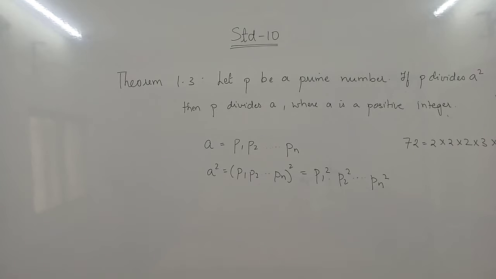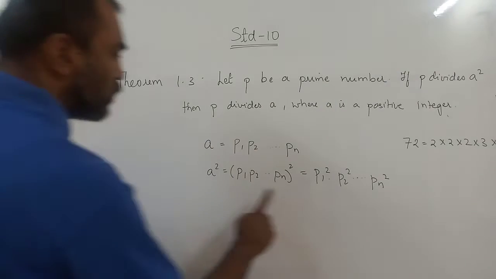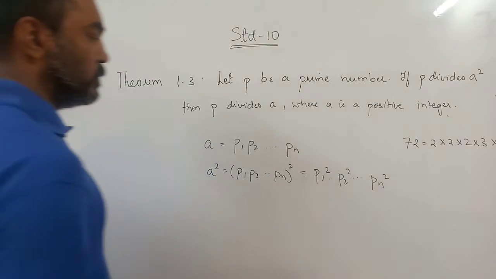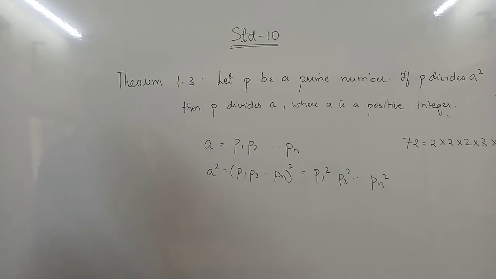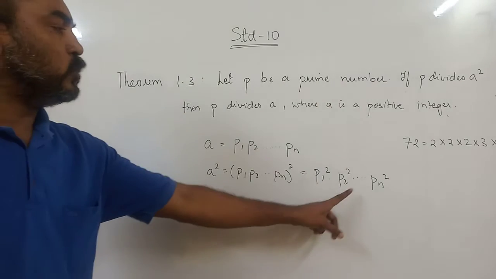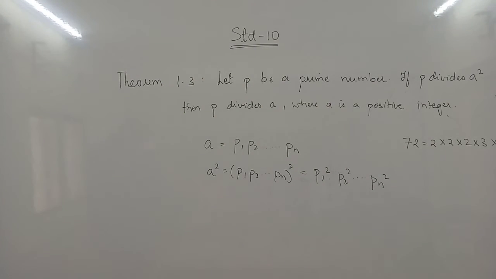Why do we know? Because P divides A square and there is no remainder. So among P1 square, P2 square, up to Pn square, one of these factors is P. It is given that P divides A square, so P is one of the prime factors of A square.